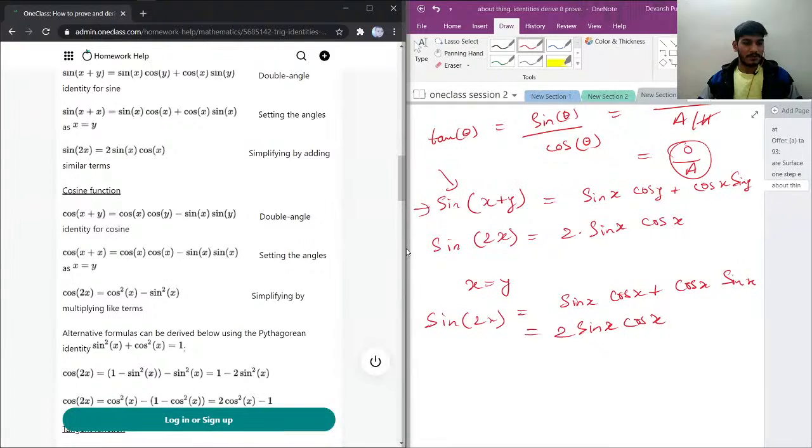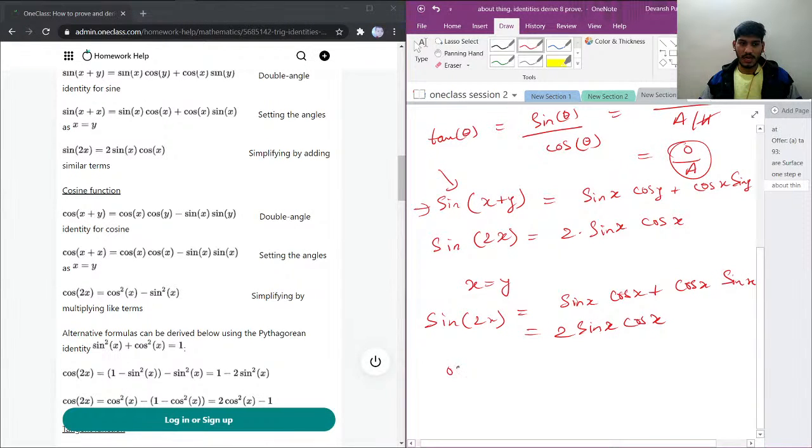In the similar fashion, we have cosine function. So cosine of x plus y is cosine x cosine y minus sine x sine y.